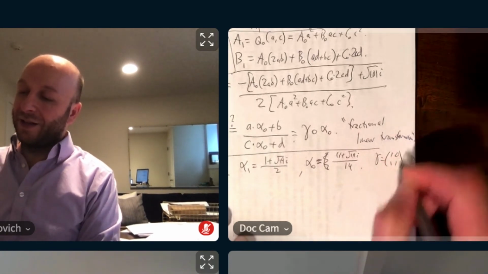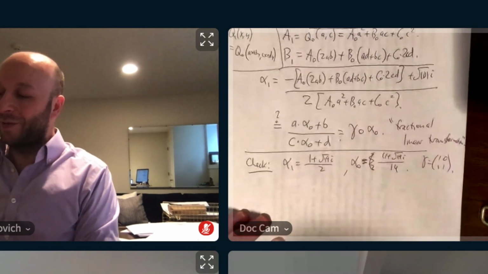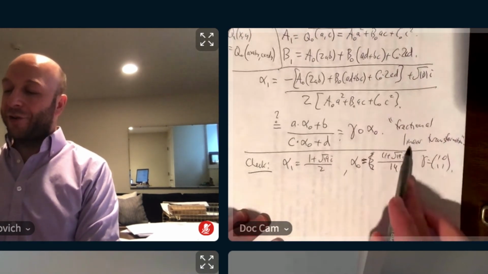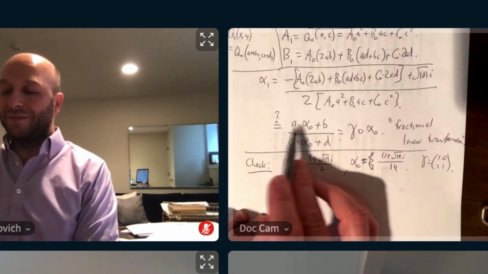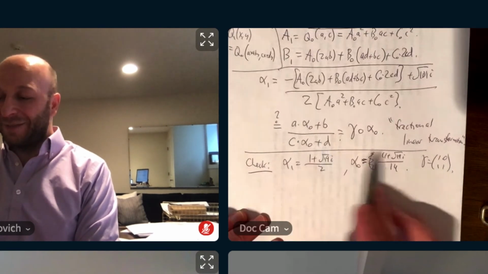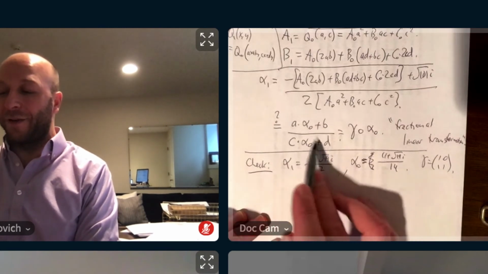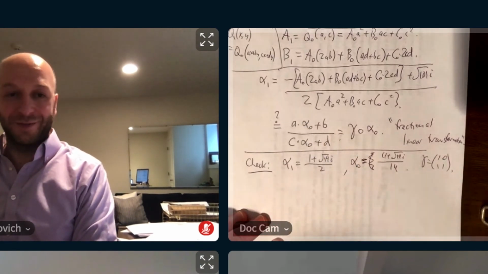And again, this becomes extremely natural from the point of view of projective geometry. Why fractional linear? Well, a linear transformation is just to take alpha 0 and replace it by a alpha 0 plus b. And it's not that simple. It's a linear thing and another linear thing in a fraction involving these two. So that's why it's called a fractional linear transformation.